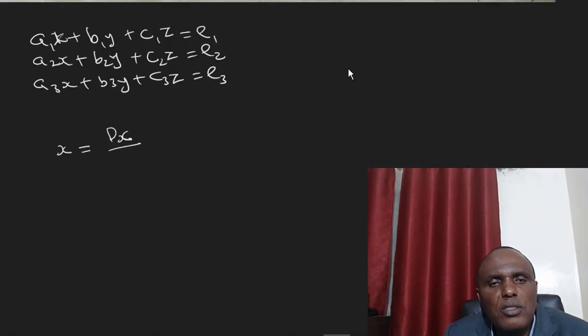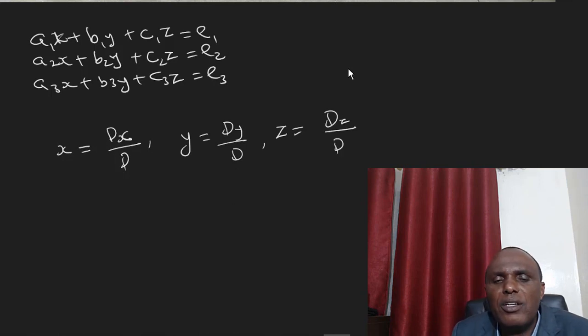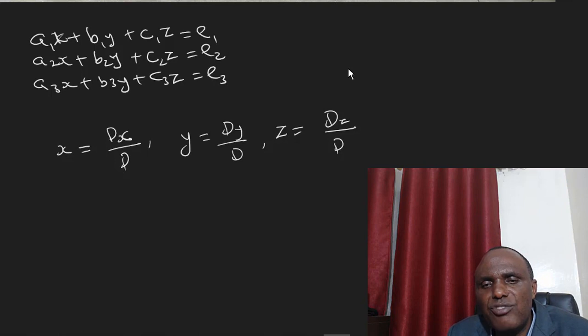To solve this simultaneous equation, we get the value of x by dividing dx over d. The value for y is equal to dy over d, and z is equal to dz over d. Dx is the determinant of a matrix formed, and dy is another kind of matrix, dz is another kind of matrix.